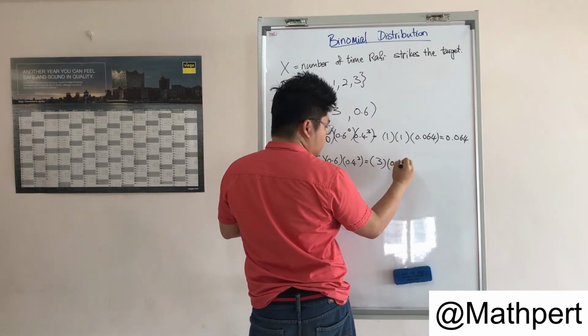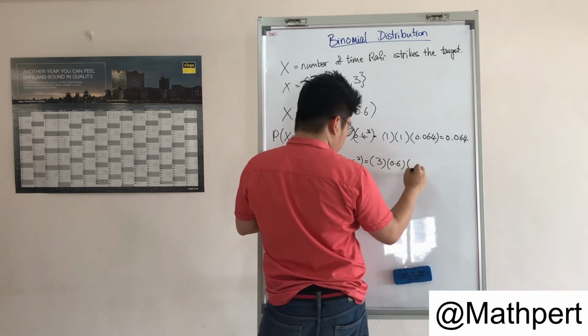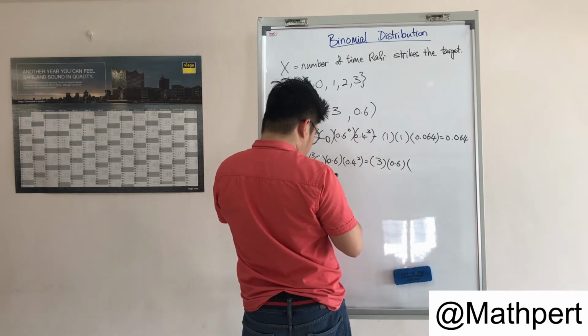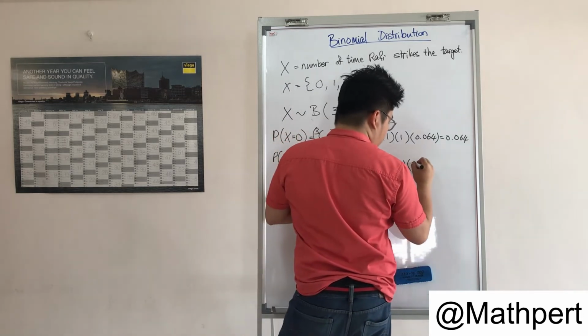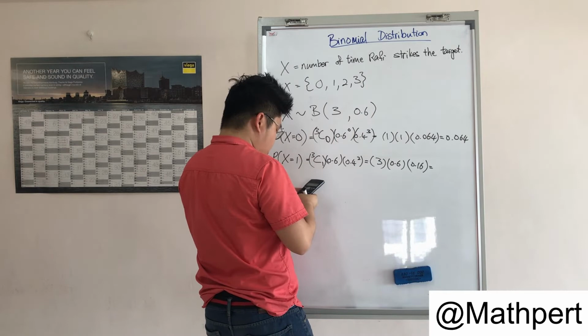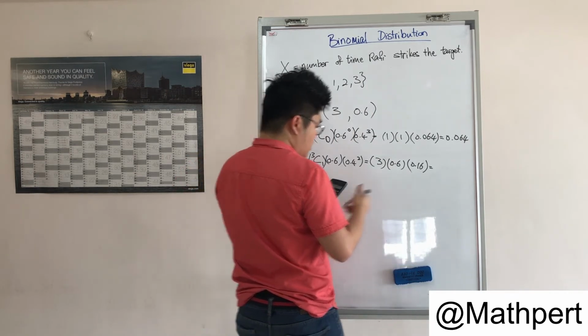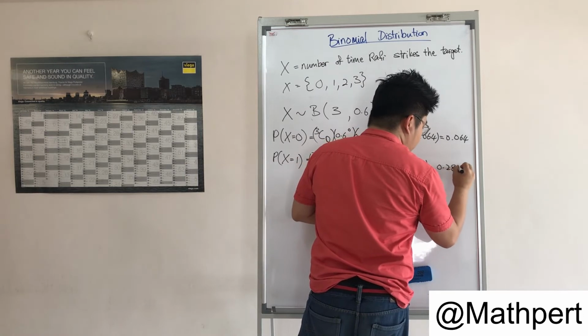Then 0.6 power 1 is still 0.6. 0.4 power 2 is 0.16. So multiply these, you get 3 multiplied by 0.6 multiplied by 0.16, which is 0.288.